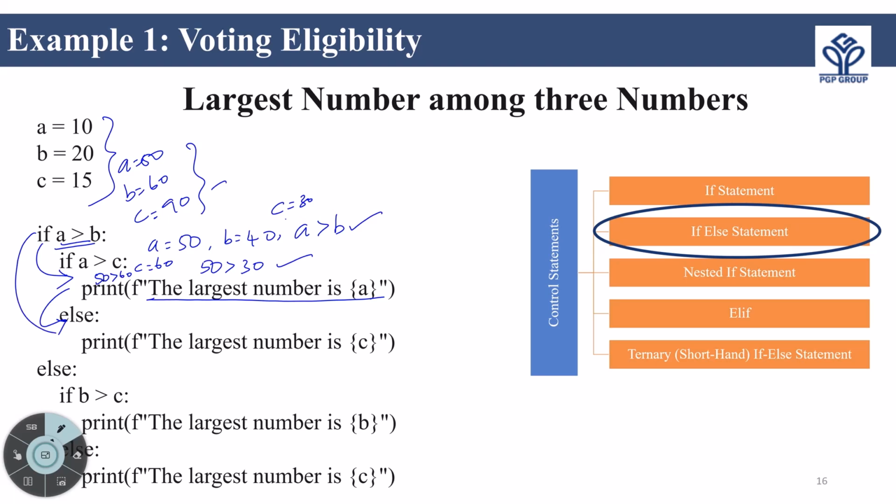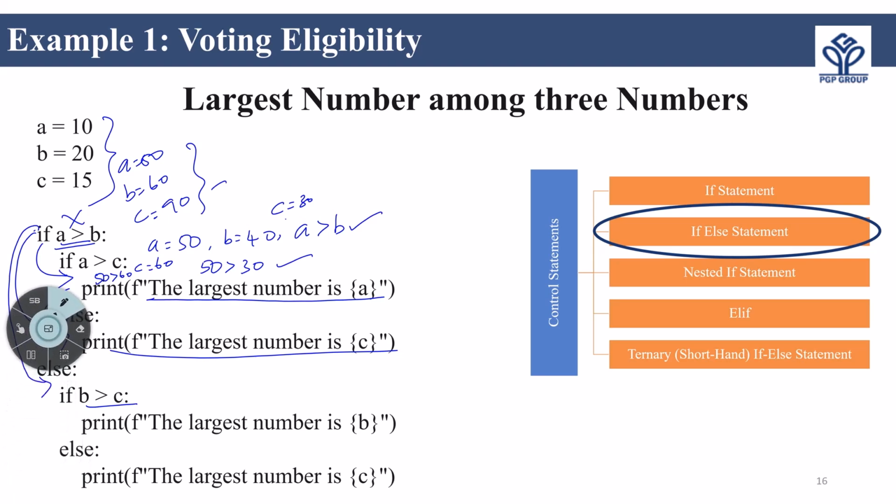Print the largest number is C. Else, this condition is not true. So it directly goes to the else part to check the condition. What is the largest number? This condition also fails. Then we are going to the else part to print this one. Clear? This one is the if else part.